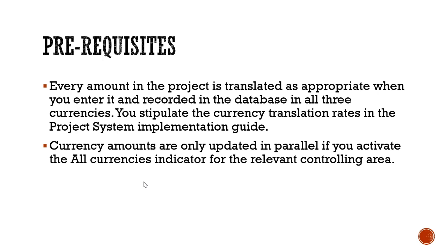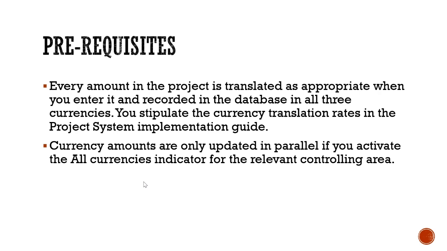The translation rates of different currencies will be entered by the business users and updated in the system daily. Accordingly, the translation rates are applied to all the records in the system. So this is also one of the prerequisites to be maintained if multiple currencies are managed in the SAP system. And currency amounts are only updated in parallel if you activate the all currencies indicator for the controlling area.